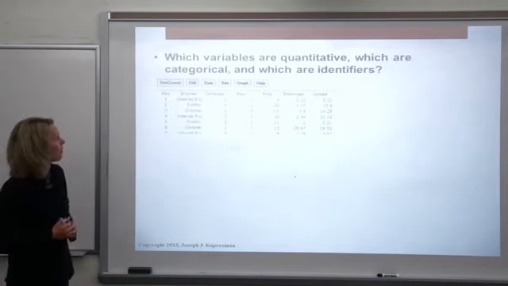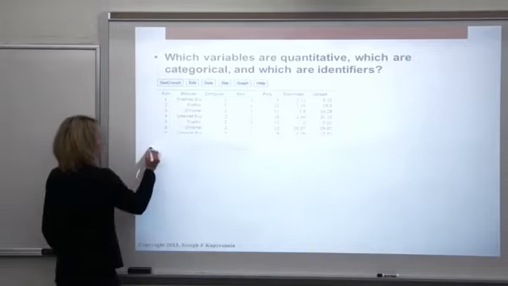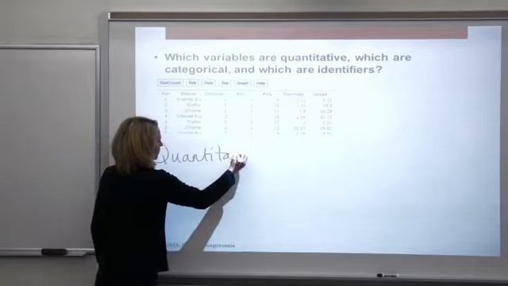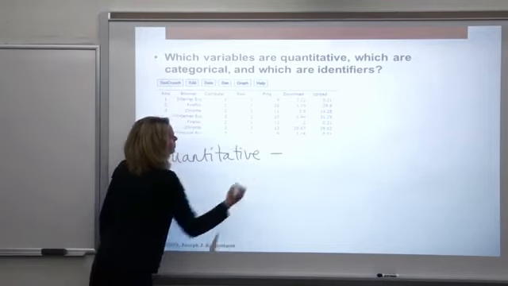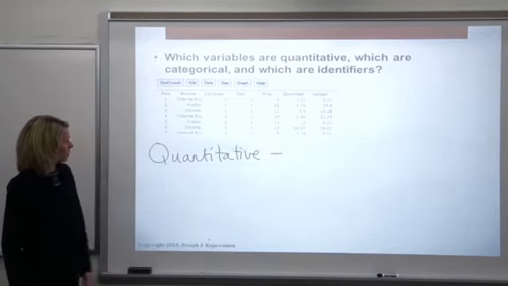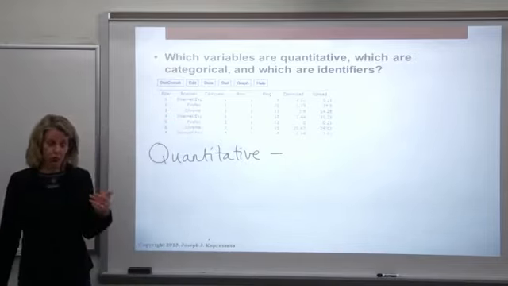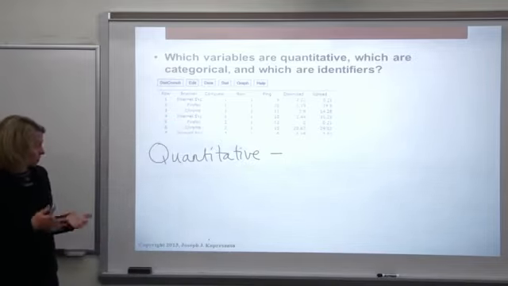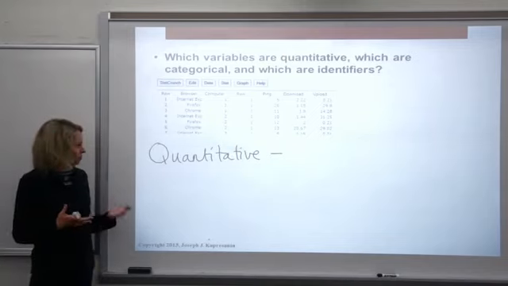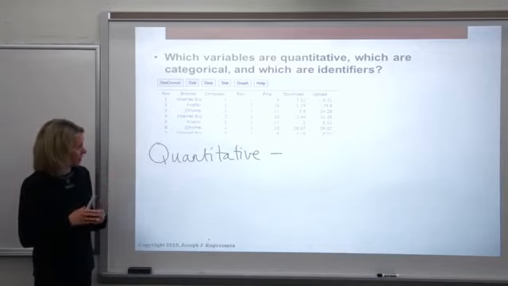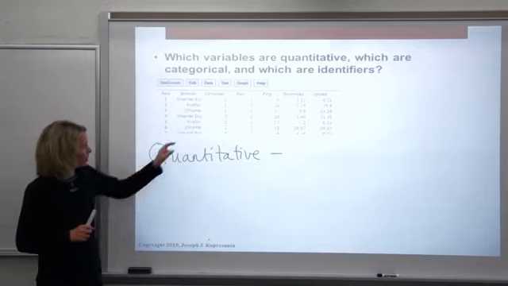Okay, so how about the quantitative variables? Let's start with those. Computer identifies which computer it was. We would not compute the average computer. So even though that's a number, that's simply identifying there. That's not a quantitative variable.